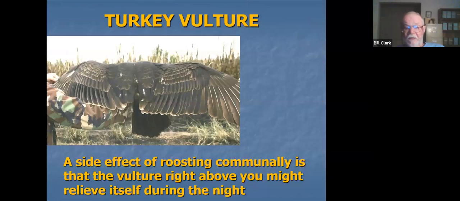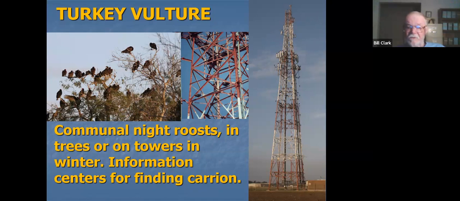The next morning, the birds fly out from the roost, and the ones that know where the carrion is go out first and they go out directly. So those that don't know follow them. And so it's thought to be a place for finding food.